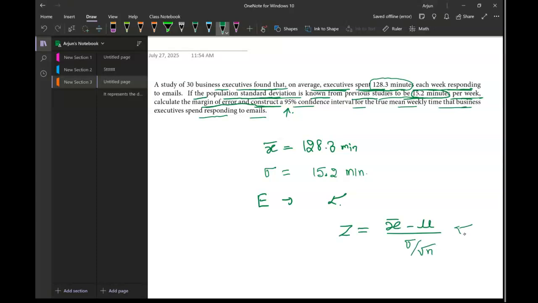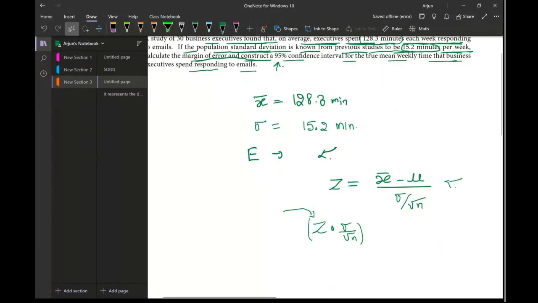This is the same formula from chapter 8 which I'm using. Now if I move Z times sigma upon square root of n, this thing is called margin of error.